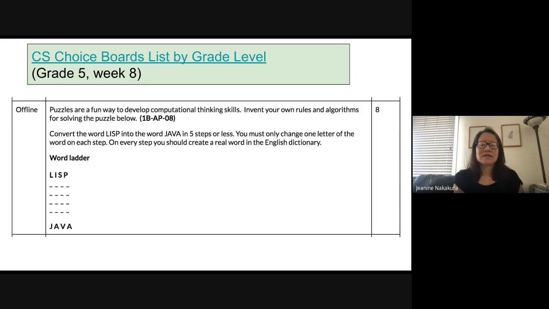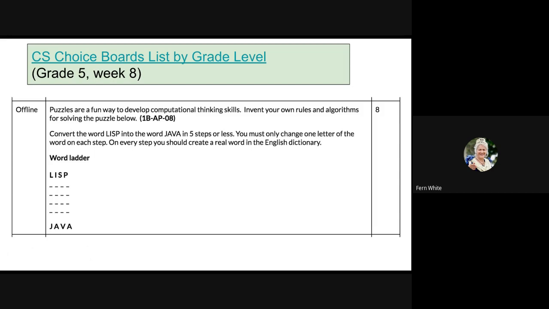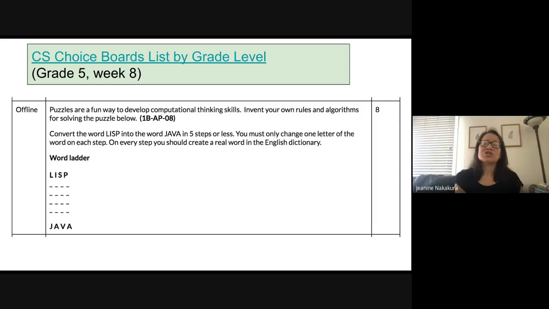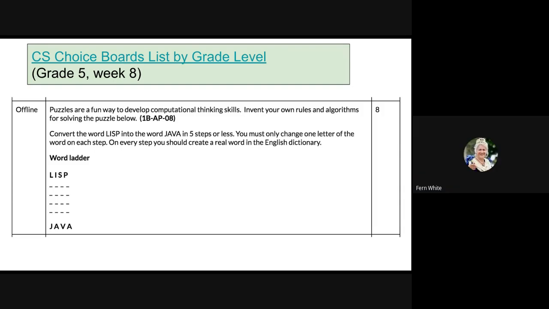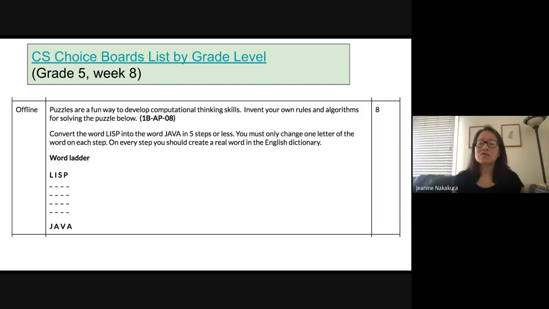You can type it in the chat with our little hint here. 5 steps or fewer, you can only change one letter at a time on each step, and it must be a real word. We gave you a hint in the chat. So you could use those 4 words, llama, limp, lava, and lamp, to go from Lisp to Java.